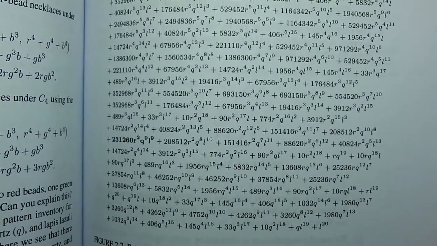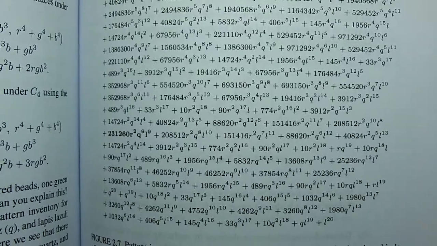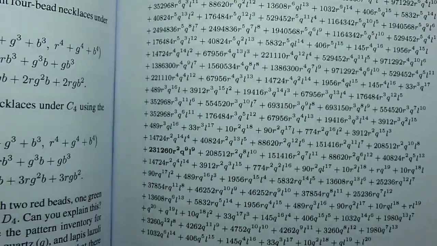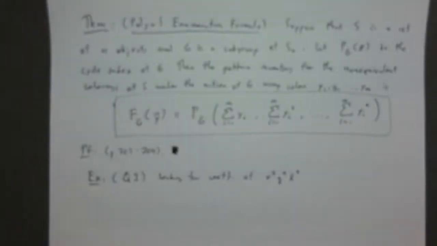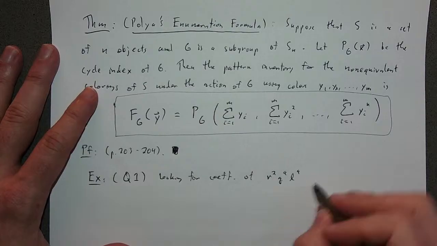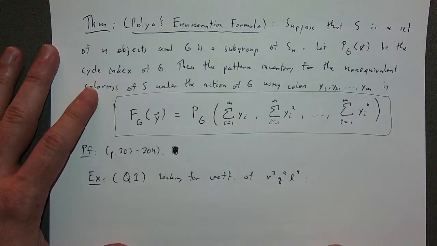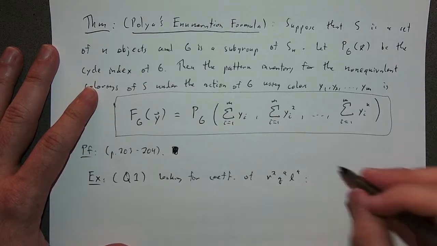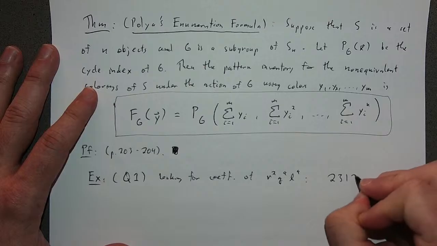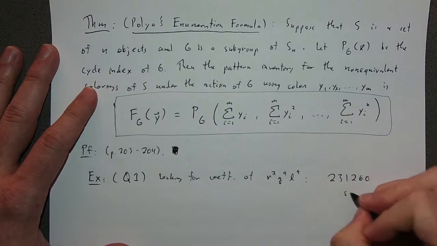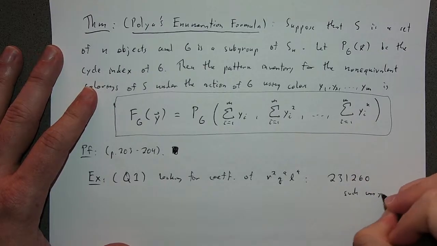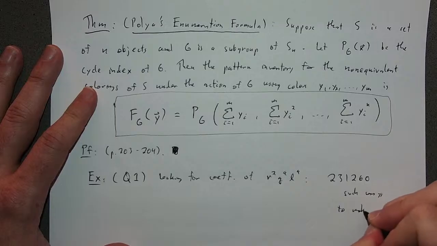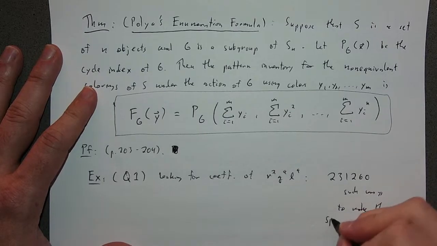And of course, having your computer pick out the coefficient you're interested in is no problem either. And so this coefficient in that example is 231,260 such ways to make the specified necklace.